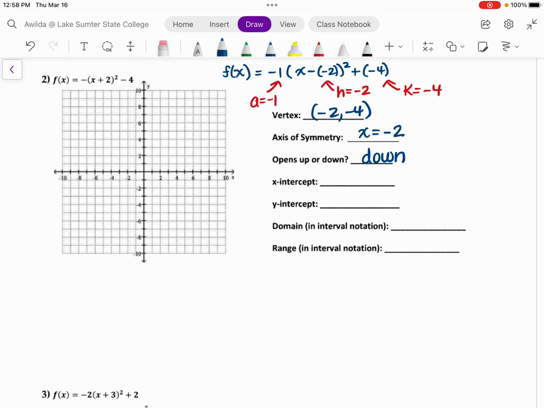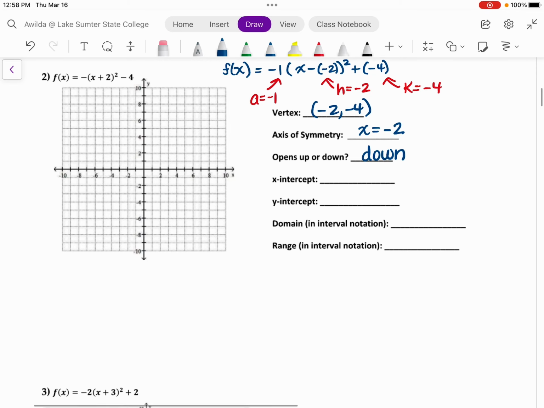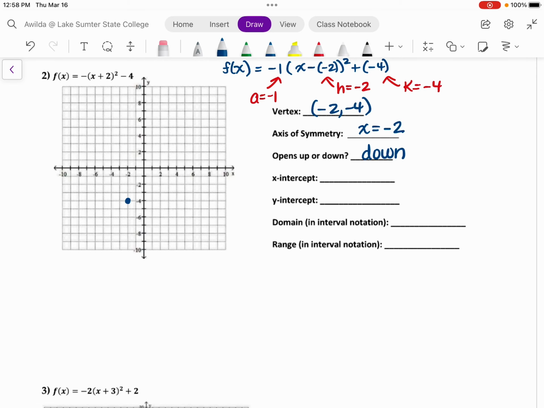Let's go ahead and add this information for now. The vertex is at (-2, -4). The axis of symmetry, which I'm going to add as a green dashed vertical line, is our mirror. This is our line of reflection. And we know that the graph is going to open down.